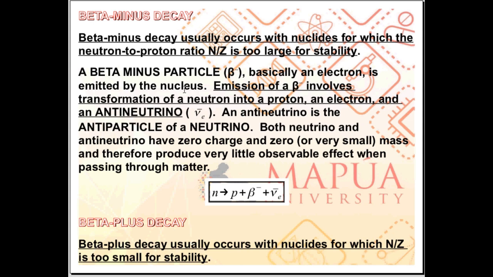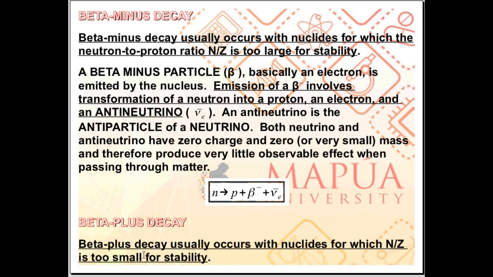There are no electrons in the nucleus. So somehow the nucleus emits an electron, and this happens by transforming a neutron into a proton and an electron, as well as what is referred to as an antineutrino. An antineutrino is an antiparticle of a neutrino. Both neutrino and antineutrino have zero charge and nearly zero mass, and therefore produce very little observable effect when passing through matter.